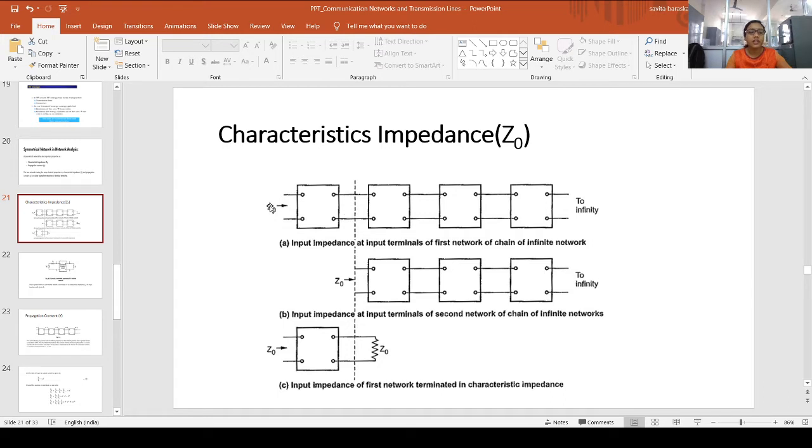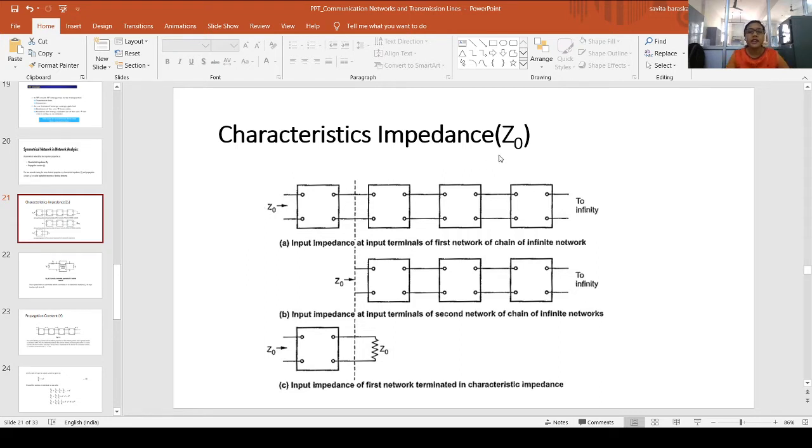So we get two impedances, the short circuit impedance and the open circuit impedance.